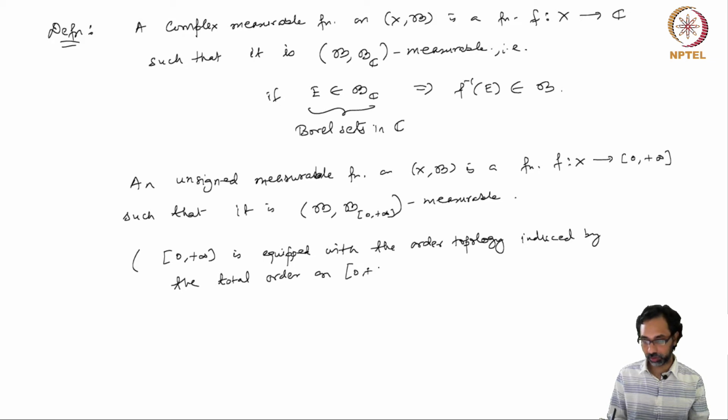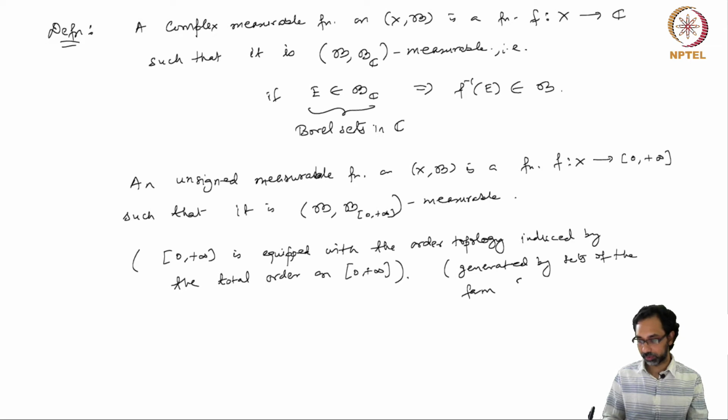The order topology is defined for any totally ordered set, and it is generated by sets of the form {x in [0, +infinity] such that a < x < b}.